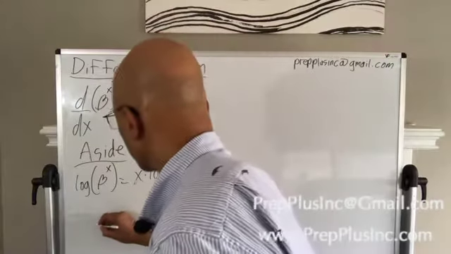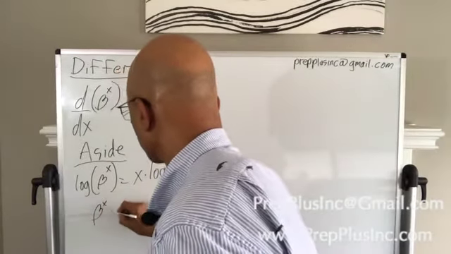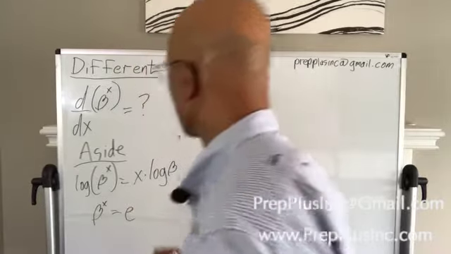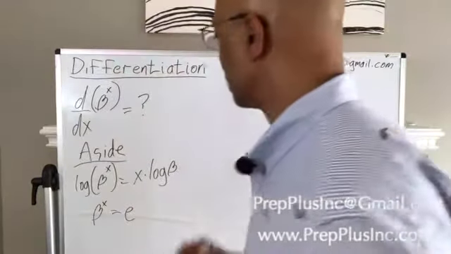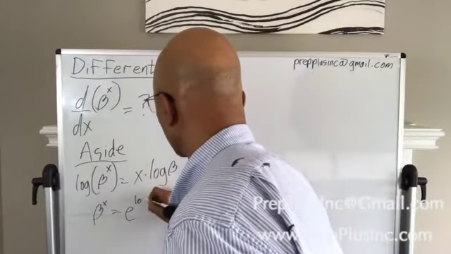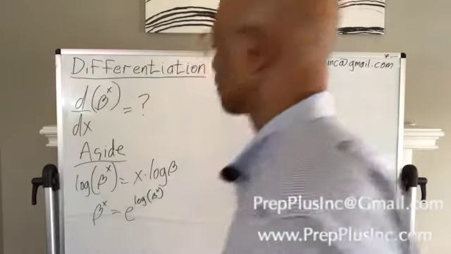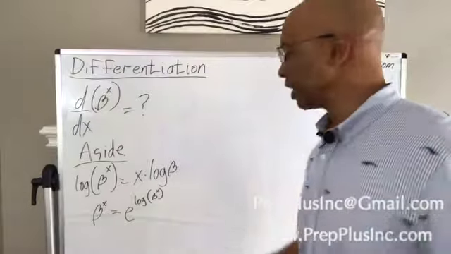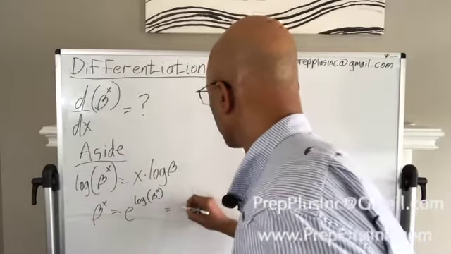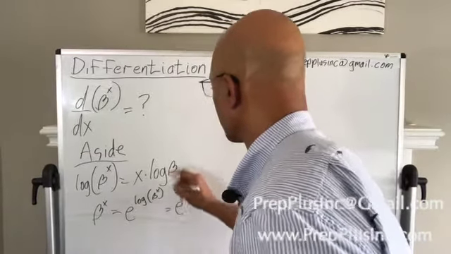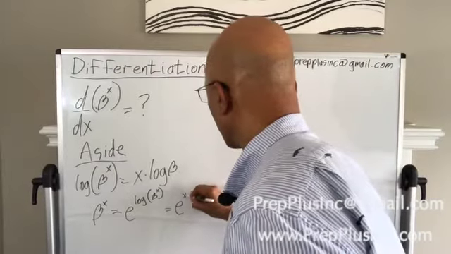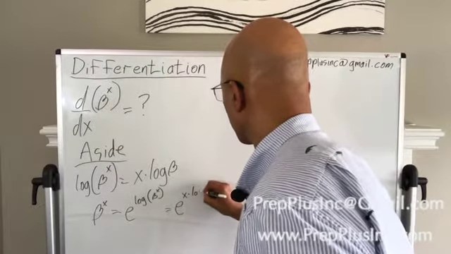So that means beta to the x equals e raised to the power of log beta to the x, which is what we just wrote down, e raised to the power x times log of beta.